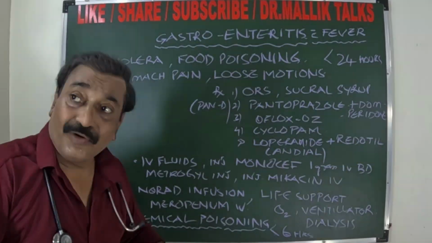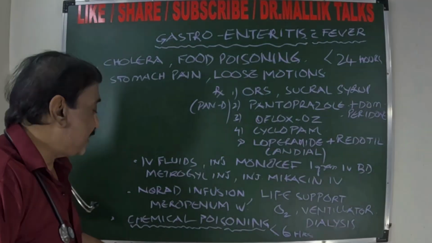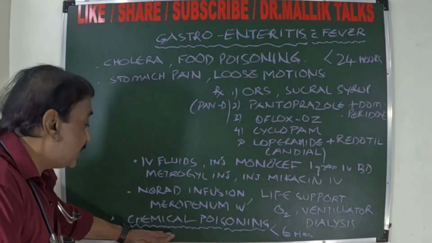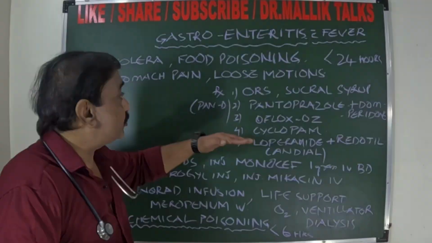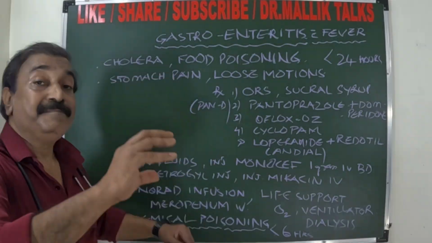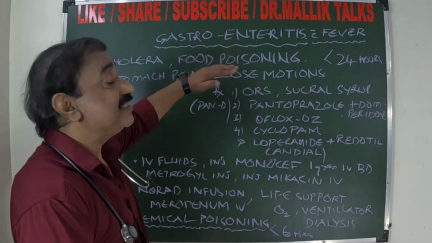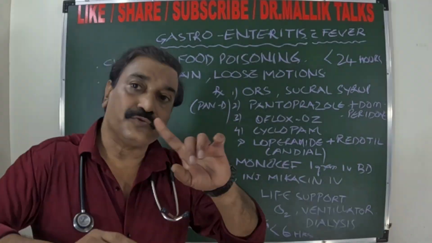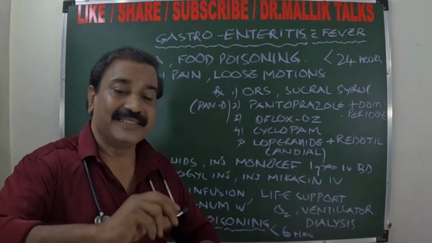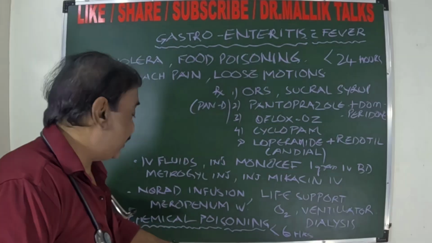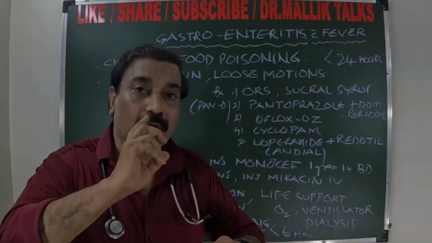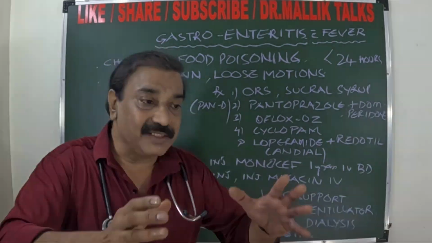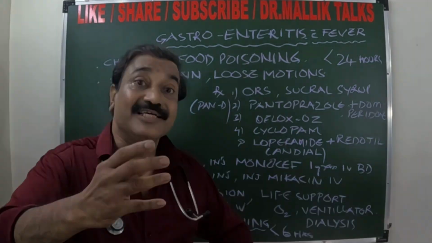And one more important thing is, there is one thing called chemical poisoning. In gastroenteritis, it is because of infection. But there is one more condition which mimics gastroenteritis, which is chemical poisoning. For example, if the food which they have consumed has got some chemical.